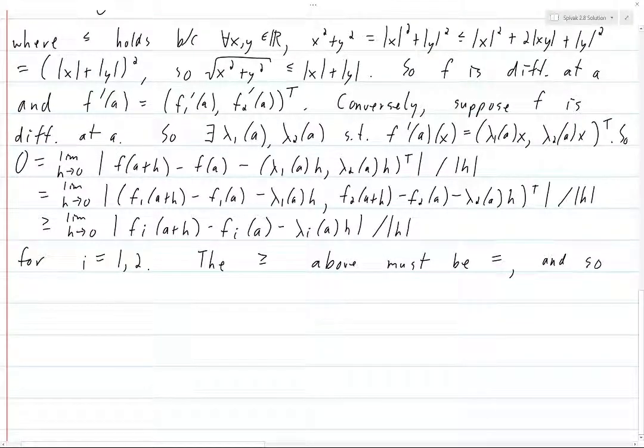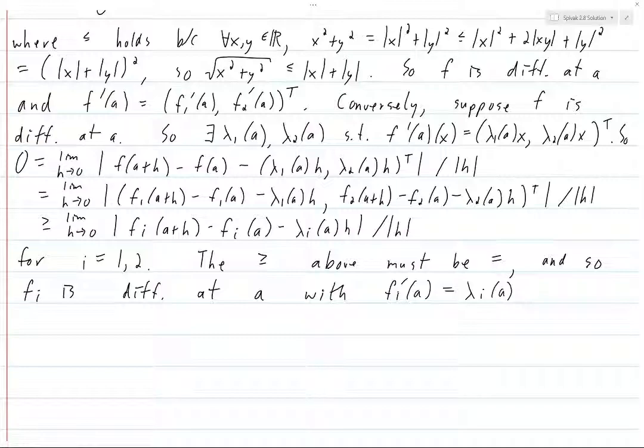And so, by definition, fi is differentiable at a. And we have a formula for fi prime of a. As we can see above, it's just lambda i of a, because if we take fi prime of a and plug in h, we get lambda i of a times h.